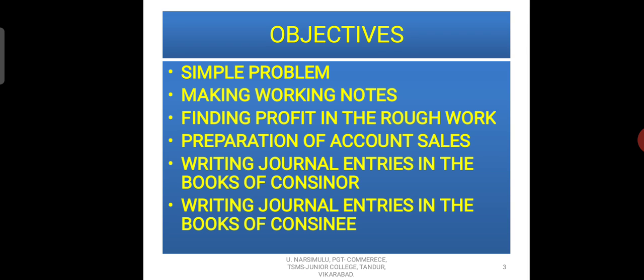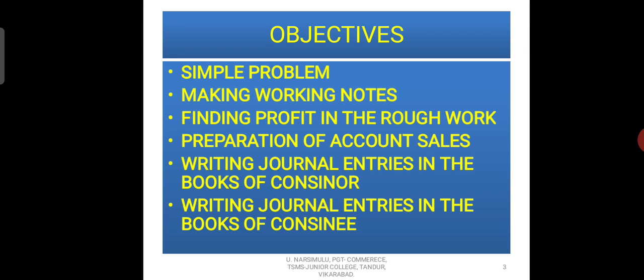So in this video you will be given one problem and later we are going to make working notes for that problem. After that we are going to find profit by using a rough statement without a preparation of consignment account, and next we are going to prepare account sales.